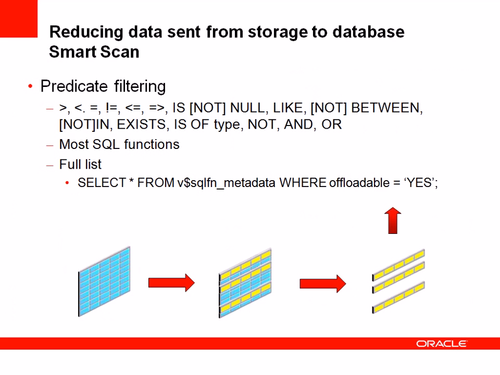You can also use most SQL functions, and the Exadata storage server software will take that predicate and apply it to the data on the storage server to eliminate rows which are not appropriate to be sent back to the database server, which will not be needed. I say most SQL functions. You can use this SQL statement here to find out exactly which functions can be offloaded. It's most of them. Of course, we want it to be all of them where we can.